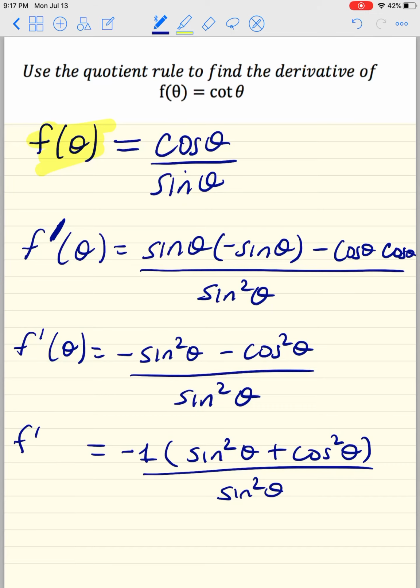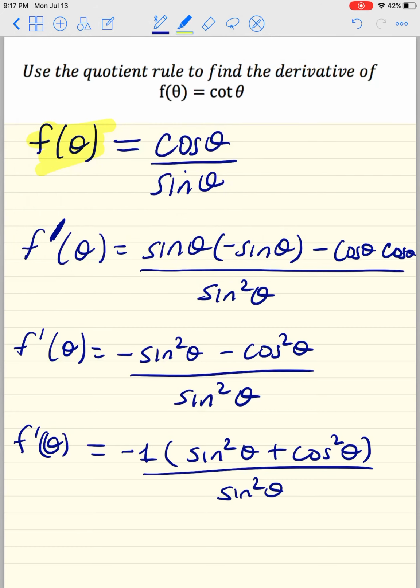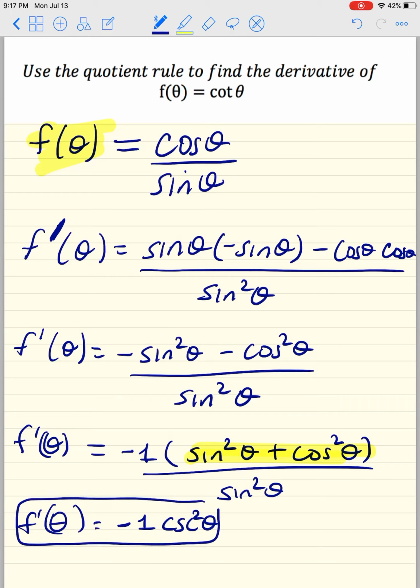And if you guys remember from trig, this identity here, this guy right here is 1, right? So I got negative 1 over sine squared. Negative 1 over sine squared is negative 1 cosecant squared theta. And that's how we do the 3 trigs.